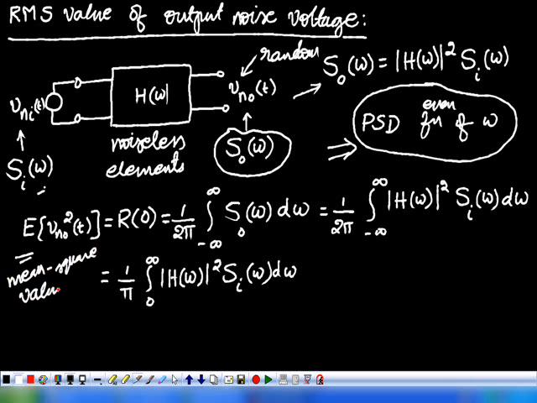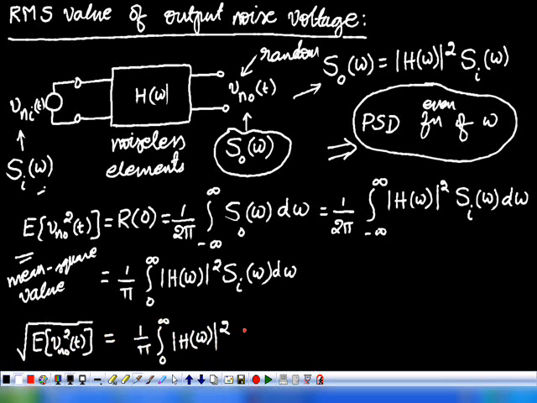If you know mean square value, can we find a root mean square value? Simply take the square root of the mean square value. Square root of the mean square value is the root mean square value. So therefore, the RMS value of the output noise voltage is equivalent to the square root of 1 upon pi integral 0 to infinity mod H of omega whole square into Si of omega d omega.